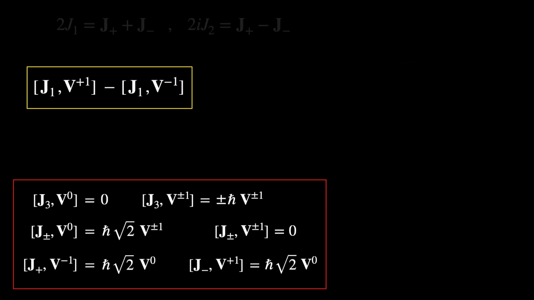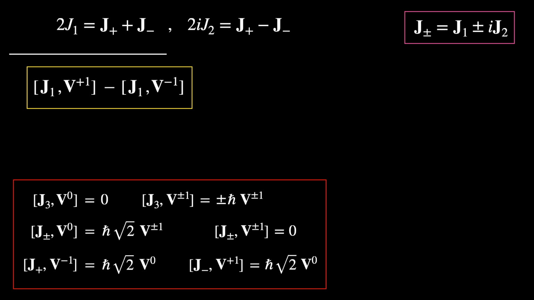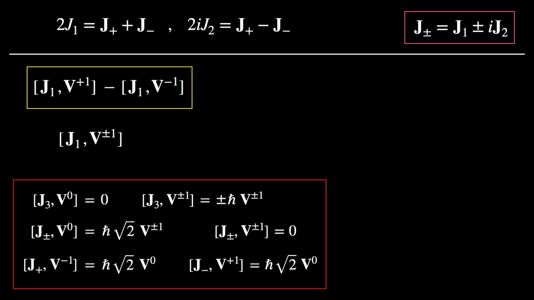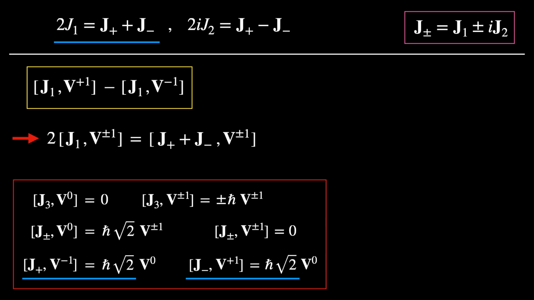We will also need J1 and J2 in terms of J plus minus. These two commutators have the following generic form. And expressing J1 in terms of J plus minus. To evaluate this, we need these 3 relations in the red box.